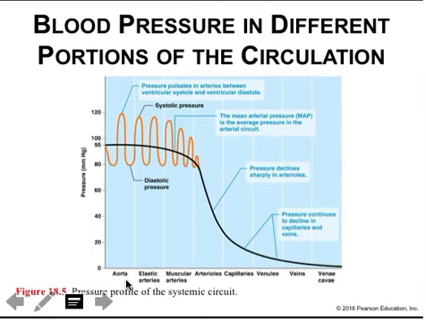And what you're looking at here is just a diagram showing you the difference in overall blood pressure, as well as differences between systolic and diastolic pressure as we move away from the heart. Okay, so you can see here the average pressure, the mean arterial pressure in the black trace.